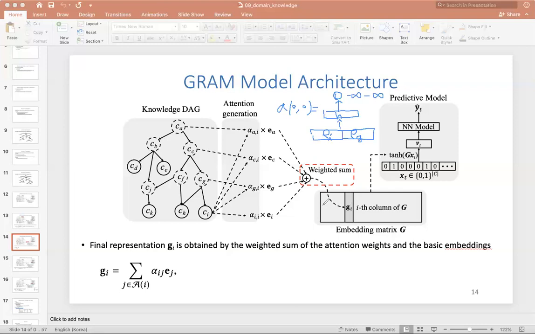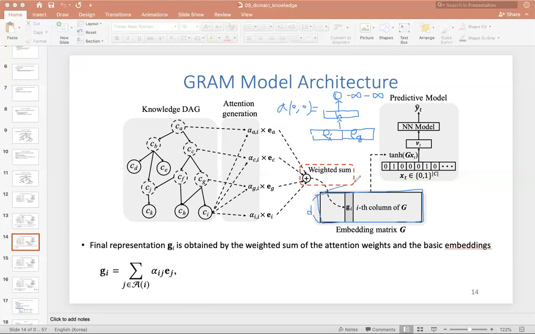And you have that for all leaf nodes. Like C_H would have G_H, C_K would have G_K, C_D would have G_D. So this embedding matrix here would have the dimensionality of D, maybe 128 or 64 or 256, depending on how you define it.